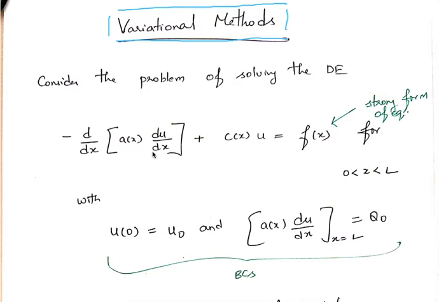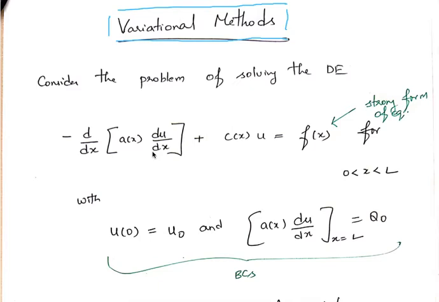The field variable exists, whether it is temperature or displacement, only within the volume and on the boundary. It does not exist outside the boundary, which means that the derivative actually does not exist on the boundary.